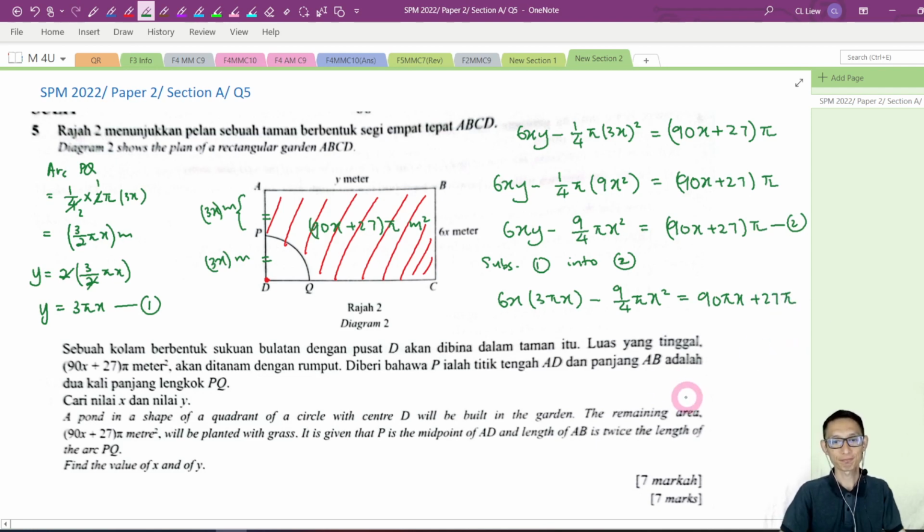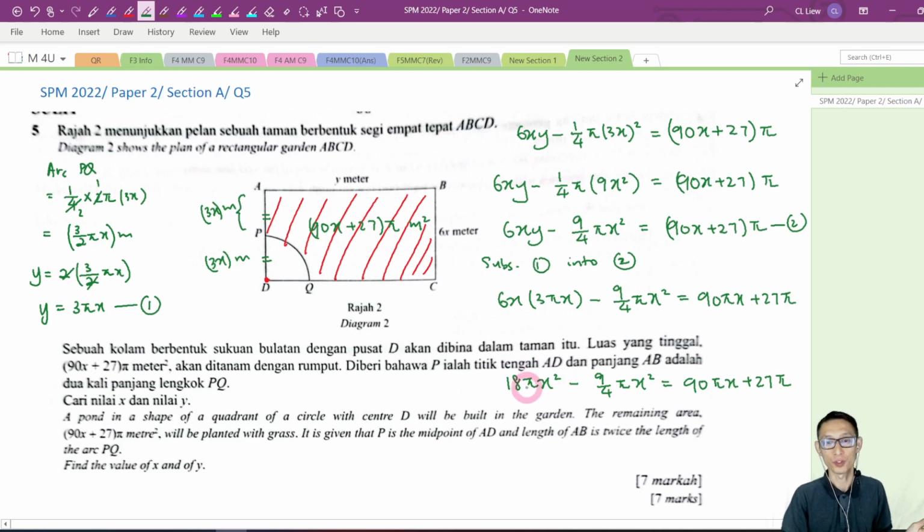Now let me continue doing here. So 6 times 3, you will get 18 pi x squared. The rest you just copy. Now, you will notice that every single term here also has a pi, right?